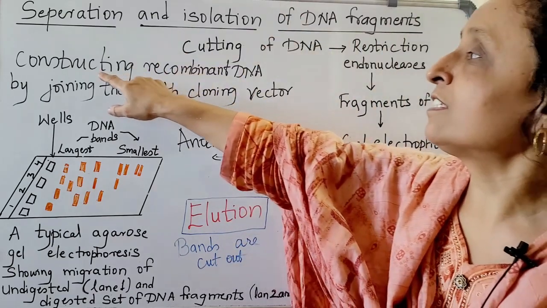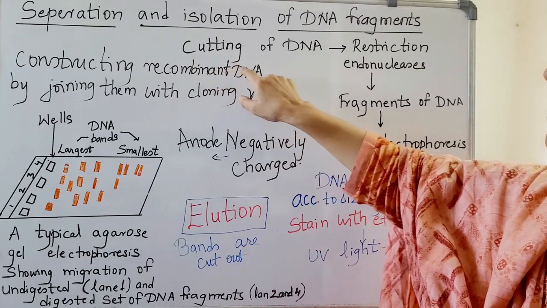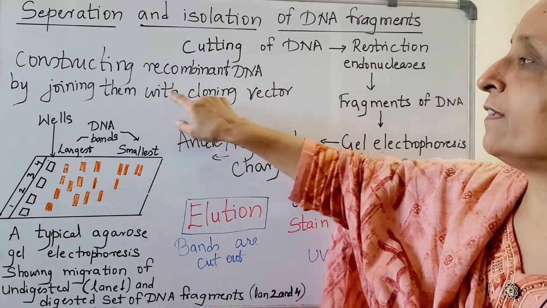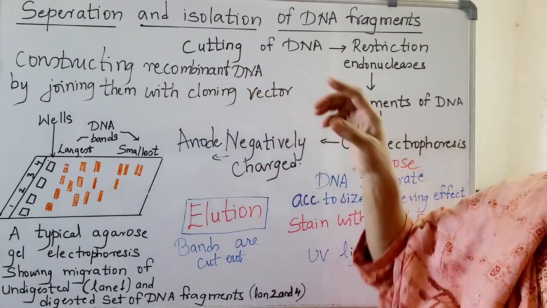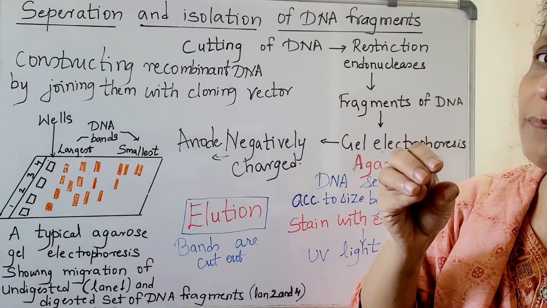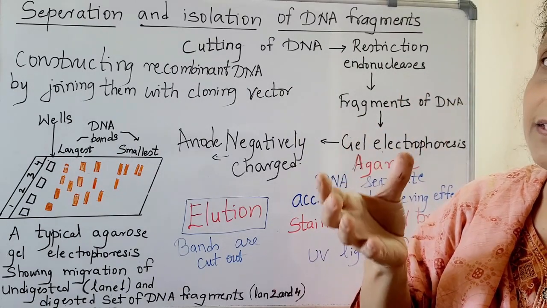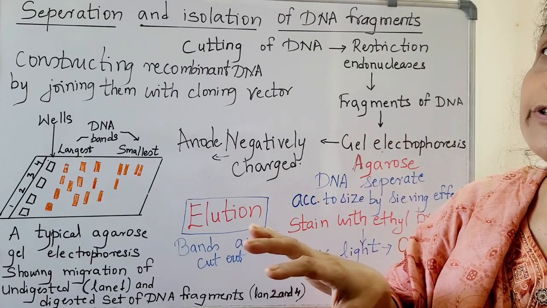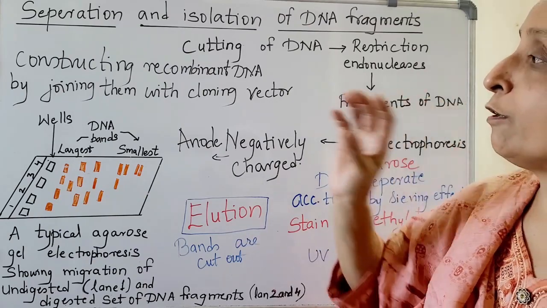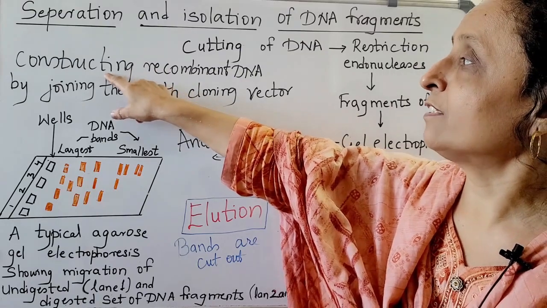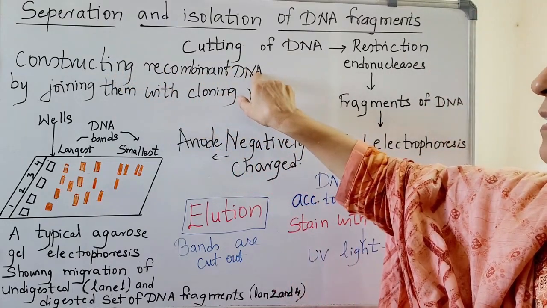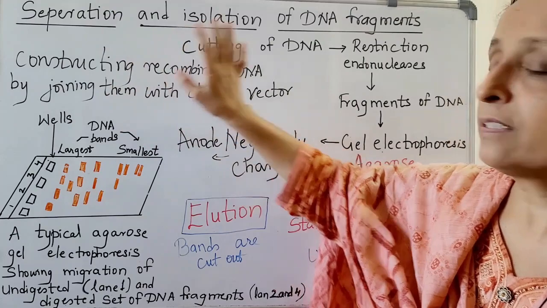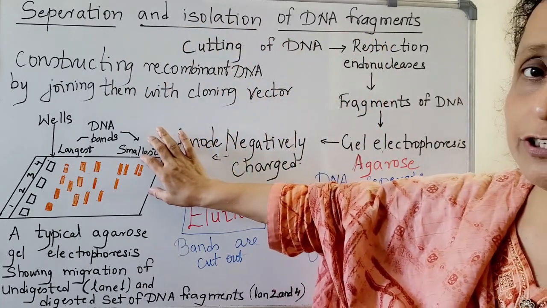So now this is constructing recombinant DNA by joining them with the cloning vector. This orange band has got DNA. This DNA has to be put into the vector so that the cloning takes place. So you are constructing recombinant DNA by joining. This is the recombinant DNA which you are getting.